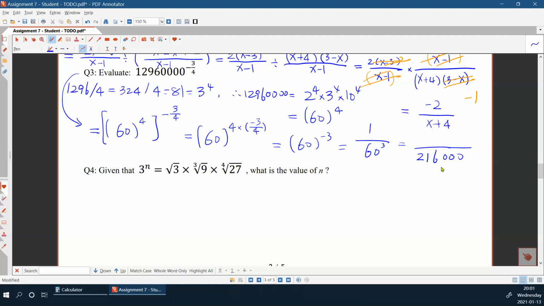Remember, there are 3 zeros because we have a third order, third power here.